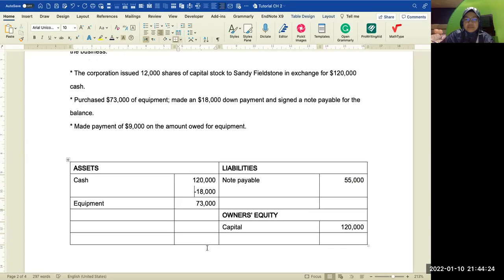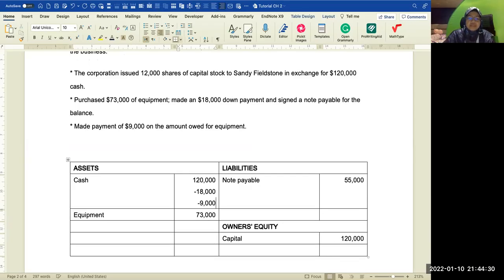Now again, the cash should be deducted by 9,000 more, and also the note payable should be deducted by 9,000 more, since you made payment on the amount owed for the equipment. So the 55,000 should be minus 9,000. Okay, with all three transactions.